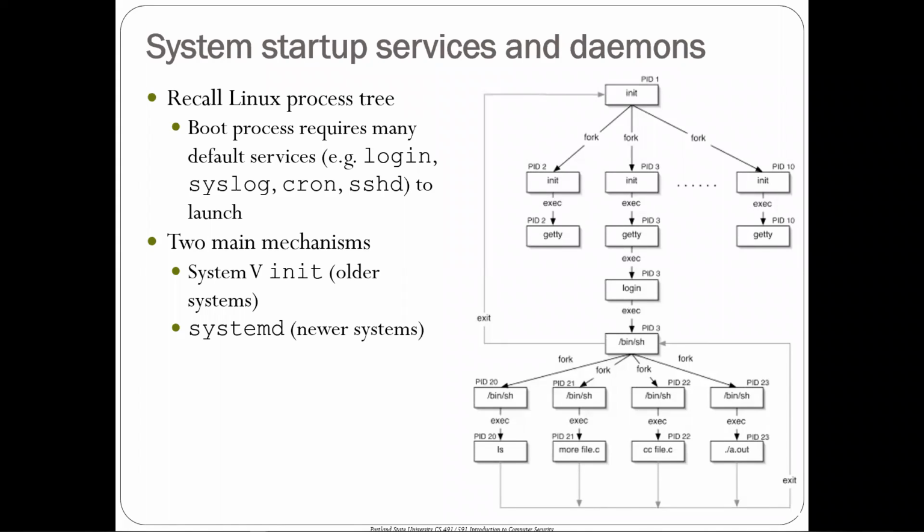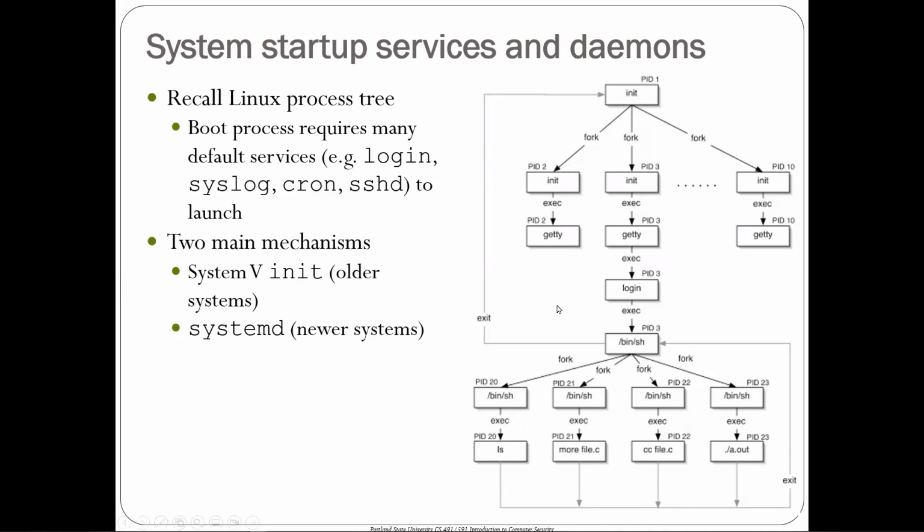In the example we used earlier, the init process spawns off the login daemon, because multi-user logins need a process running that allows people to authenticate and get a shell. This is just one of a whole bunch of system processes that the init daemon starts up.